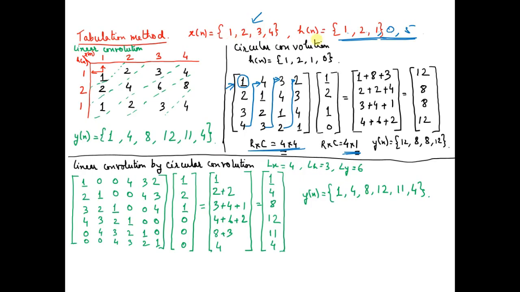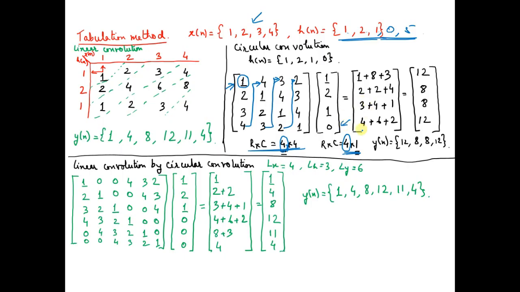So then we had to pad xn with 0. So that the rows in both the cases should be the same. Accordingly, you have to pad the signal. Herein, the length of xn was greater, hence we had to pad hn with 0.